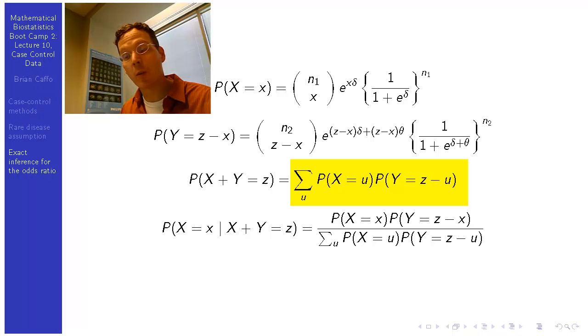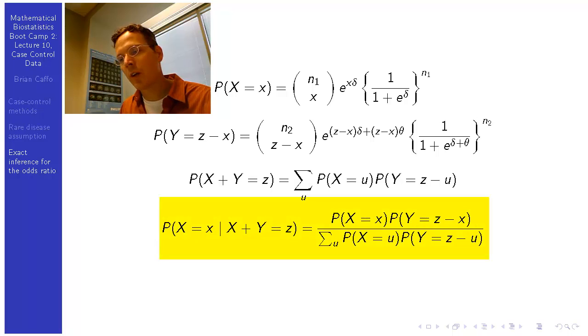Now we're going to get to the point. So now let's look at the probability x takes on particular value x, given that the sum x plus y takes on particular value z. And I'm just going to plug in these three lines up here. So the probability x takes on value x is going to be, this numerator probability right here, probably x equals x, probably y equals z minus x.